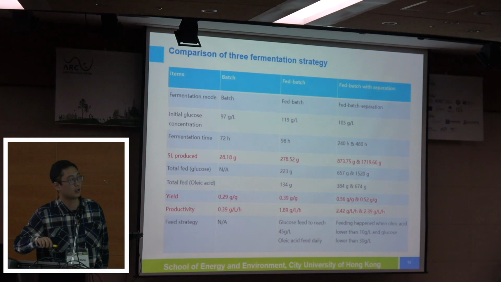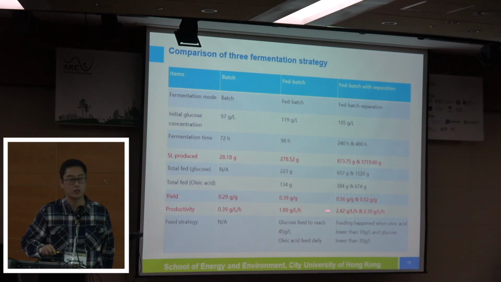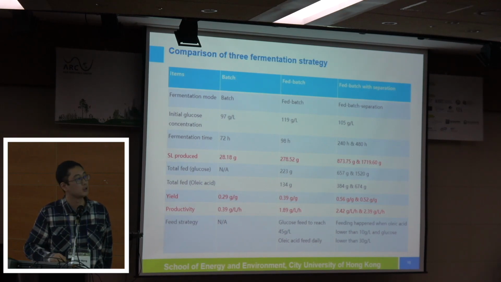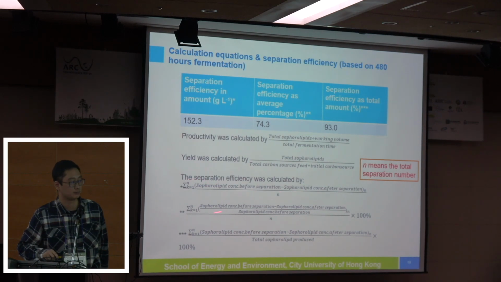And here is a comparison summary table. We can see the sophorolipid we produced increases with strategy improvement, as well as the yield and productivity. A productivity over 2 grams per liter per hour is kind of a critical value for whether it's feasible for commercialization or not. Here are the equations for how we calculated our productivity, yield, and also the separation efficiency.